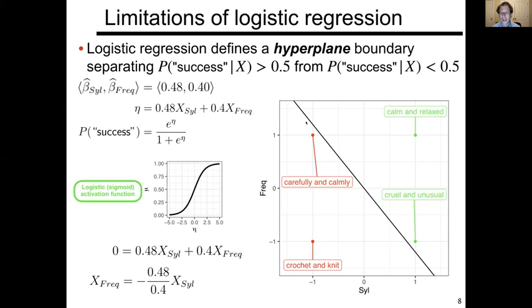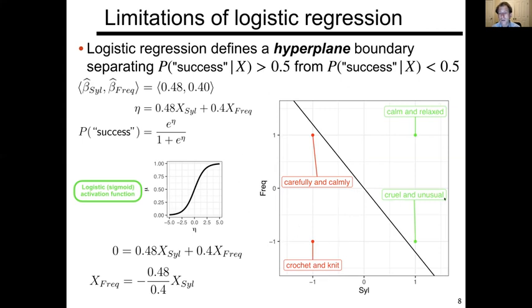And this line is the hyperplane separator between the region in which the model predicts that the order that you're considering is more likely than the reverse order, and the region where the order that you're considering is less likely. And this corresponds to the fitted model intuitively. Calm, relaxed, and relaxed satisfies both constraints. Crochet and knit satisfies neither constraint.